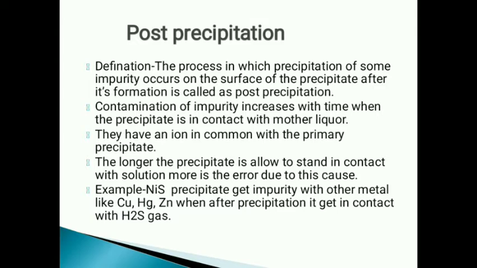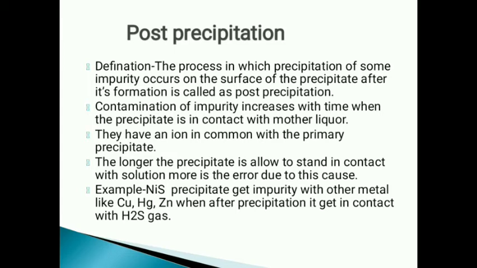Next type of precipitation is post-precipitation. Post-precipitation is the process in which precipitation of some component or impurity occurs on the surface of the precipitate after its formation. Means post-precipitation occurs after the generation of the precipitate.